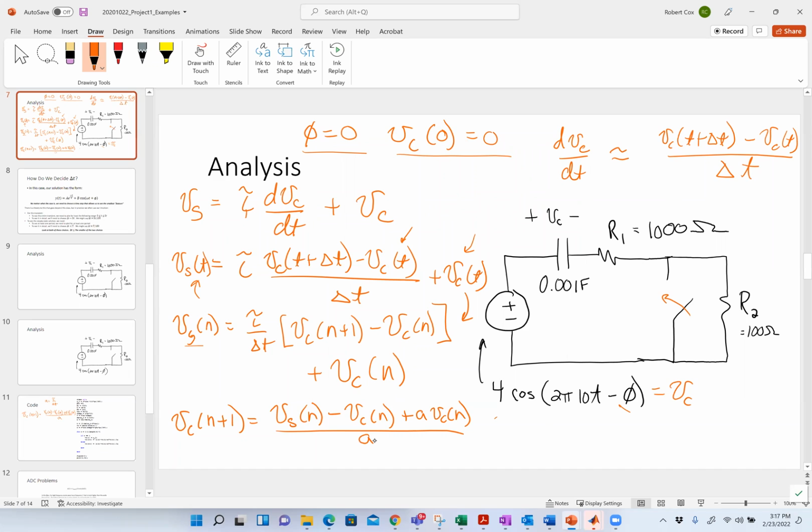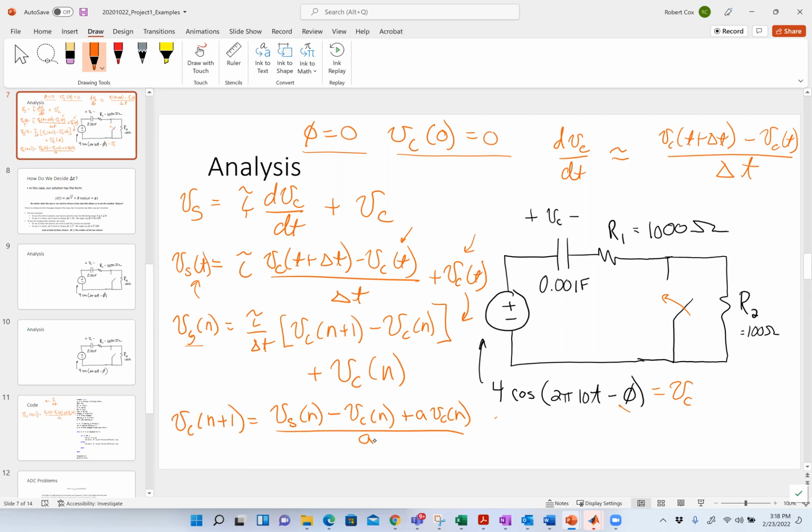Can I ask a quick question? If we put the differential equation in standard form before we discretize it, would that cause any issues? So what is standard form? The coefficient before the derivative is 1. Yeah. He's asking a great question, because some of you are going to screw this up. I'm glad you asked.